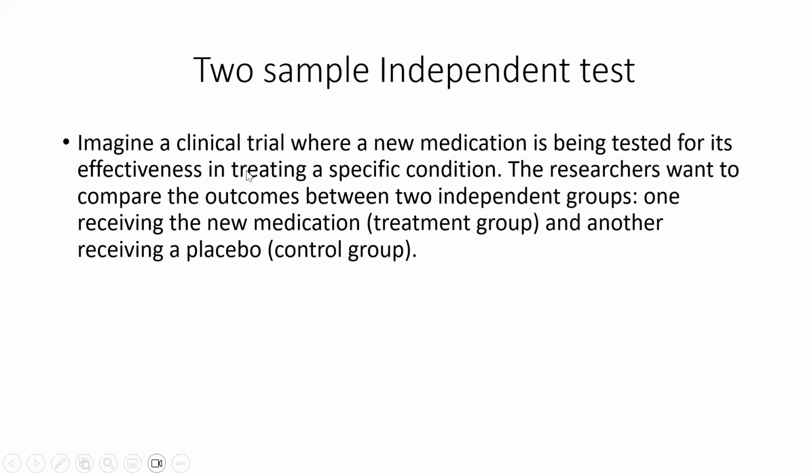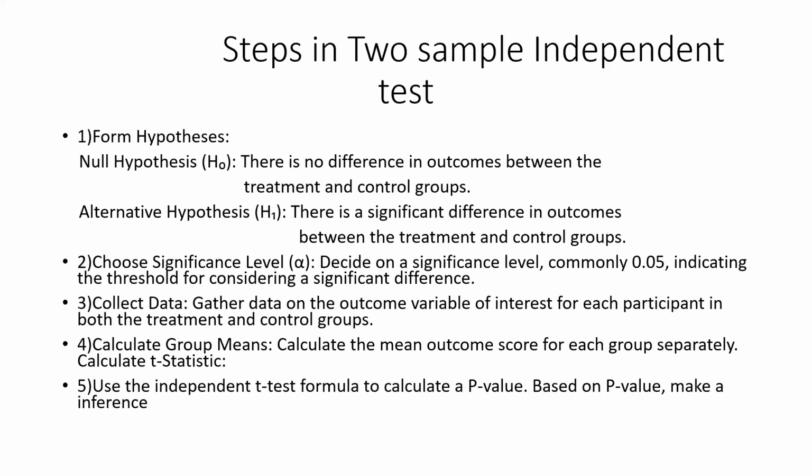Okay. So when we saw a clinical trial example, we saw an example of the COVID vaccine. When Pfizer developed a COVID vaccine in 2021, they formed a null hypothesis saying that there is no difference in outcome between the COVID vaccine and the placebo group. In the alternative hypothesis, they will say there is a significant difference in outcome between the COVID vaccine and placebo group.